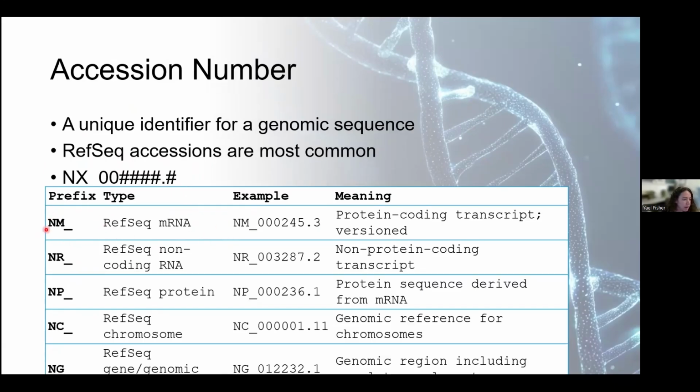Usually, we'll look at NMs, which are RefSeq sequences of messenger RNAs, and they will have a number and then a dot and a version. The version sometimes changes, but these changes are usually not very significant, at least not in the areas that we're interested in. So usually what you'll see is the mRNA code, but there are different codes for non-coding RNAs, for proteins, and for the location on the chromosome, or the genomic location.